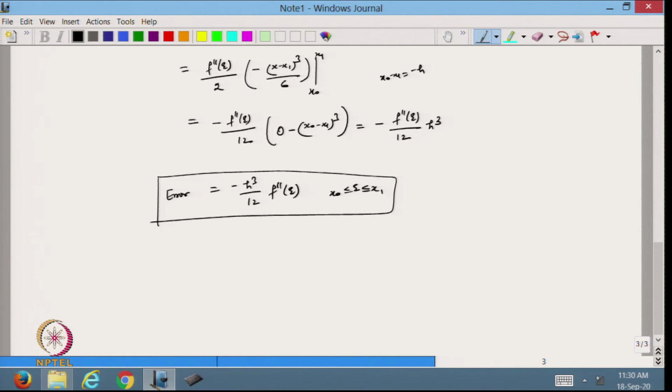Now, from here you can see that this error depends on the second derivative of the function f x. So I can say that for a linear function the second derivative is equal to 0, which implies that this method gives the exact solution for a linear function.